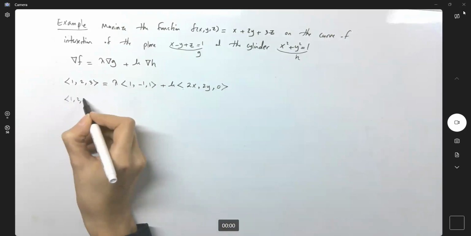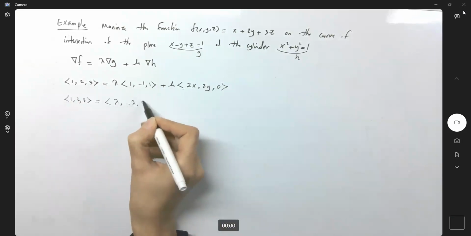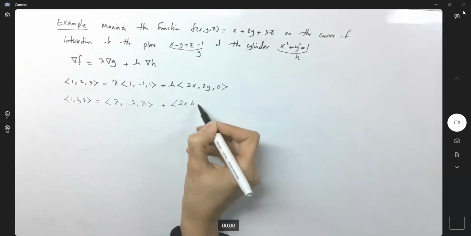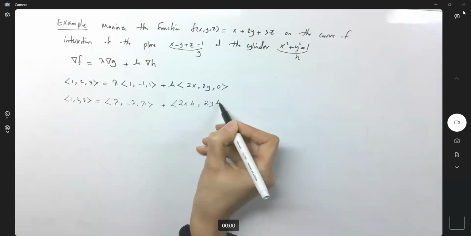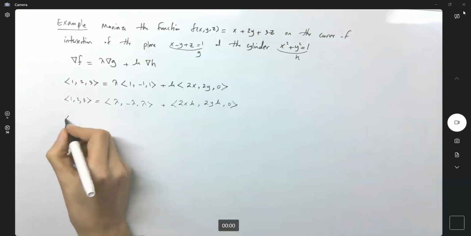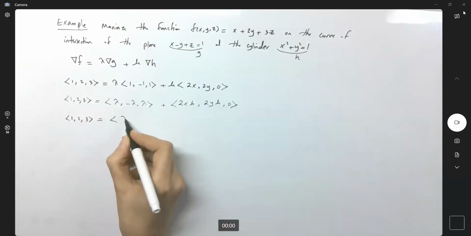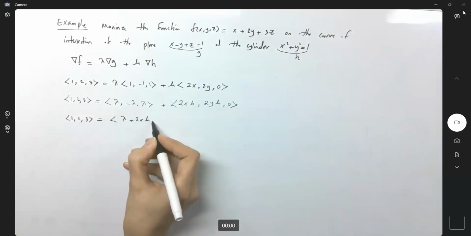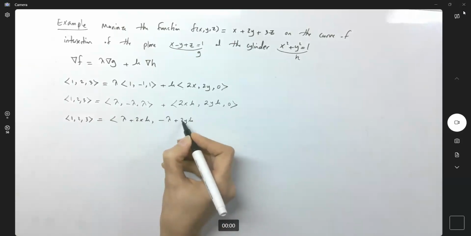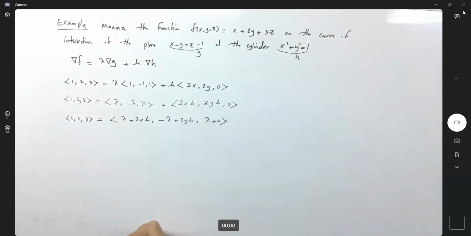We have 1, 2, and 3 equals lambda, negative lambda, and lambda, plus 2x mu, 2y mu, and 0. Or we have 1, 2, and 3 equals lambda plus 2x mu, negative lambda plus 2y mu, and also lambda plus 0.